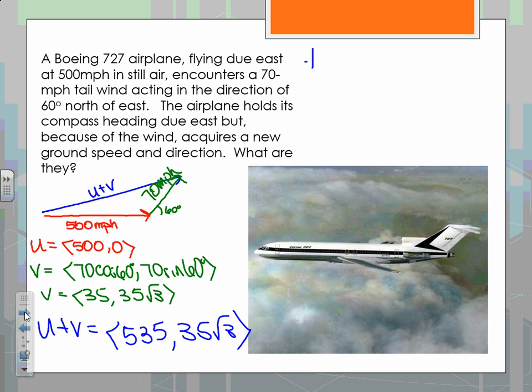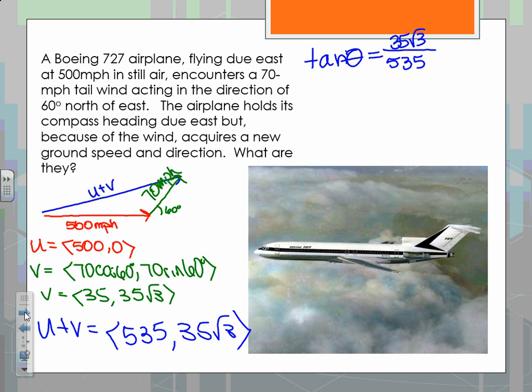We're going to need our direction. The tangent would be the vertical component divided by the horizontal component. The tangent is opposite over adjacent.